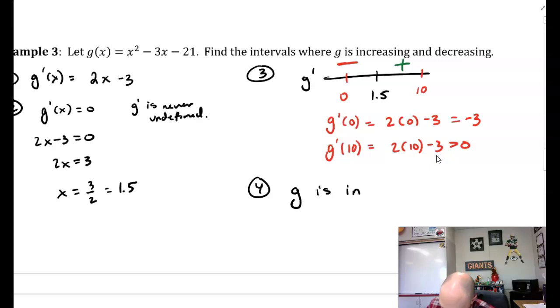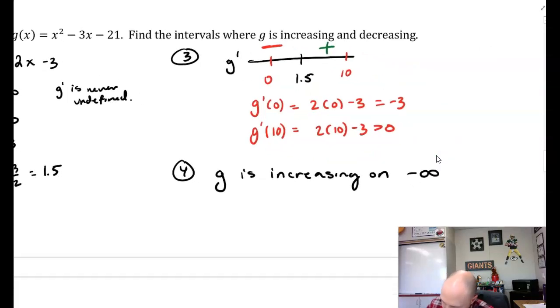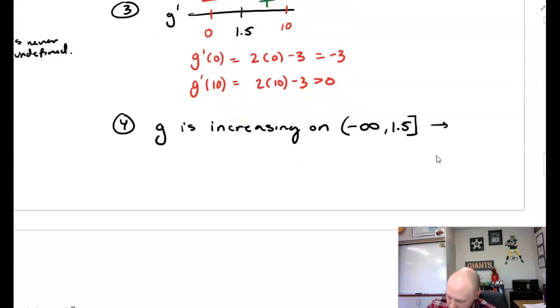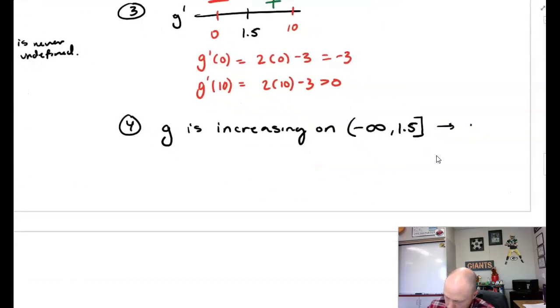G is decreasing on negative infinity to 1.5. If you like inequality notation, you could say this is the same thing as, is it t or x values? X values. X is less than or equal to 1.5.